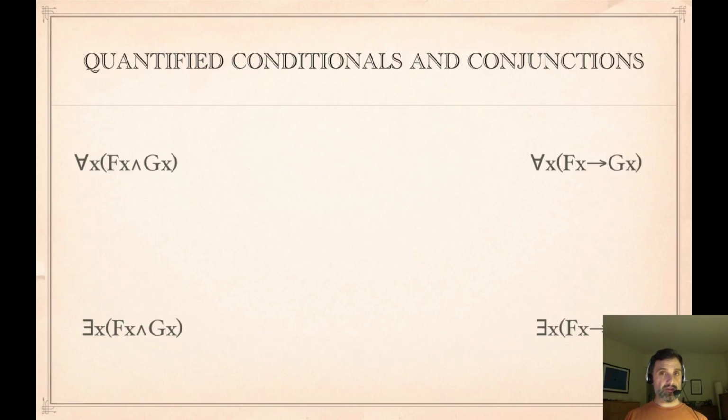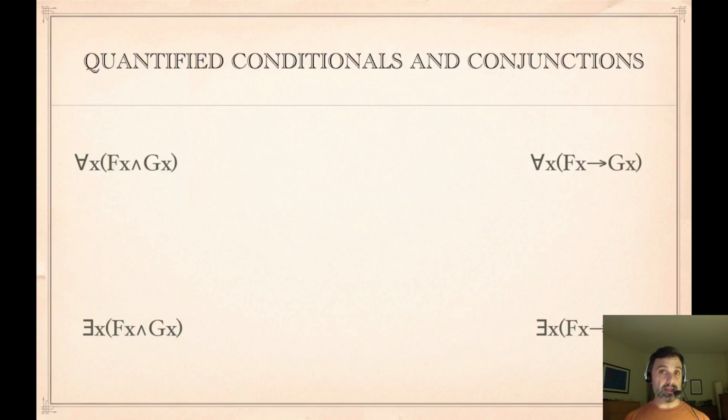And these different things are important. So let's think about what these different things actually say in a little bit more detail. So some x, Fx and Gx. What does that say if we mean F means frog and G means green? Think about how you might express that in English, and it might help to write something down. In fact, I would like you to pause the video and write something down and restart it once you're done.